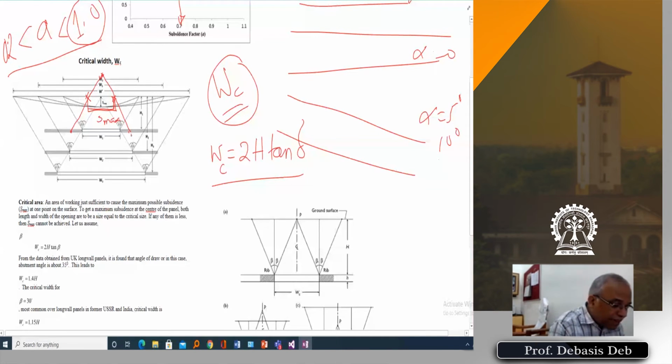But if the same width is coming below, at H2 below, then again it is critical. So you can see the relationship between the panel width and the depth. So there is a relationship. If you want to make your panel wider, your depth should be much more if you want a critical subsidence.